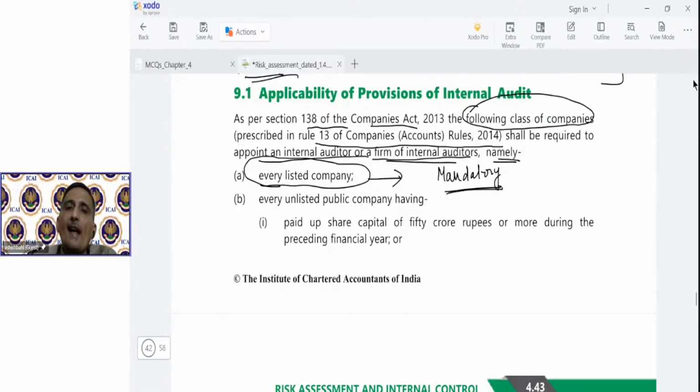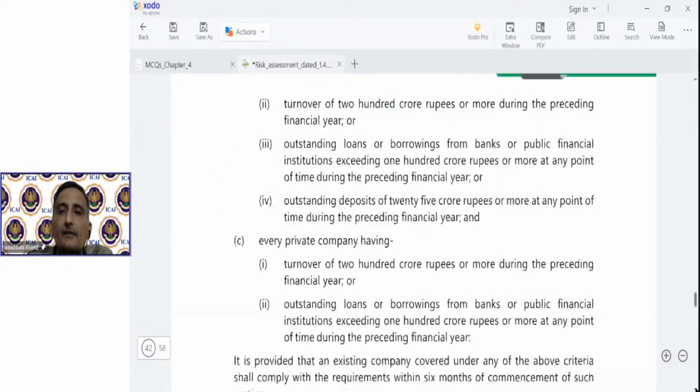So every unlisted public company, besides listed companies, the other category is companies which are public but not listed. Every unlisted public company meeting the following conditions. What are the conditions?